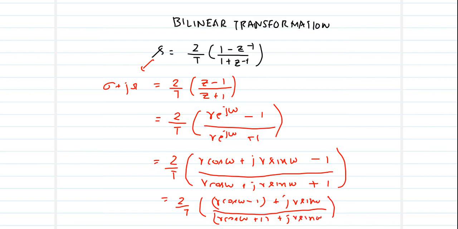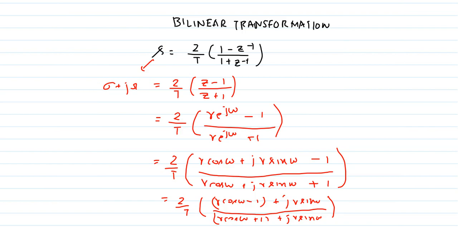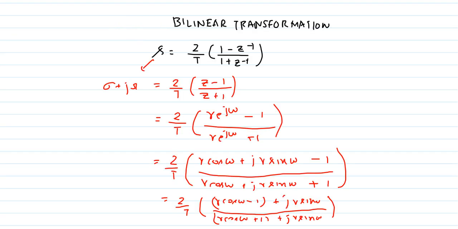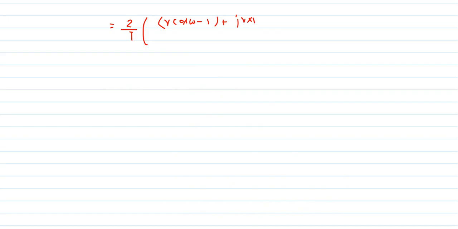Okay, now if we want to separate the real and imaginary parts, we have to multiply the numerator and denominator by the conjugate of the denominator. We know this normally, the same thing we are going to apply here. 2/T, already we have (r cos ω − 1 + j r sin ω) divided by (r cos ω + 1 + j r sin ω).